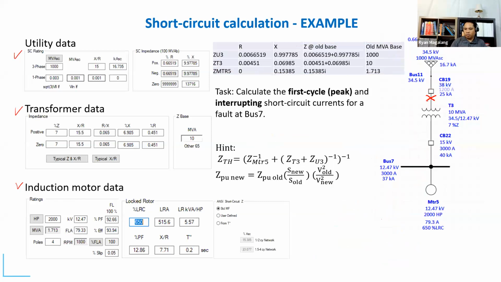In that case, you will rearrange your impedances. Your Thevenin equivalent is equal to the series combination of your transformer plus your motor, in parallel with your utility.